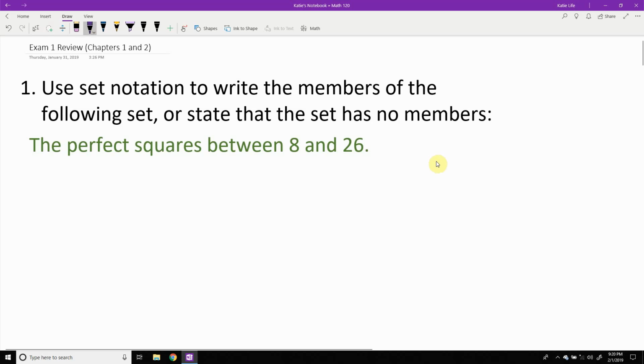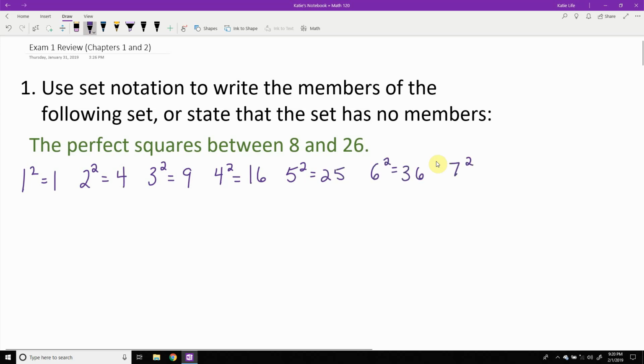We have 1 squared, that's 1, 2 squared, 4, 3 squared, 9, 4 squared, 16, 5 squared, 25, 6 squared, 36, 7 squared, 49, and so on and so forth. So 1, 4, 9, 16, 25, 36, 49, those are all perfect squares. They are the squared value of something else.